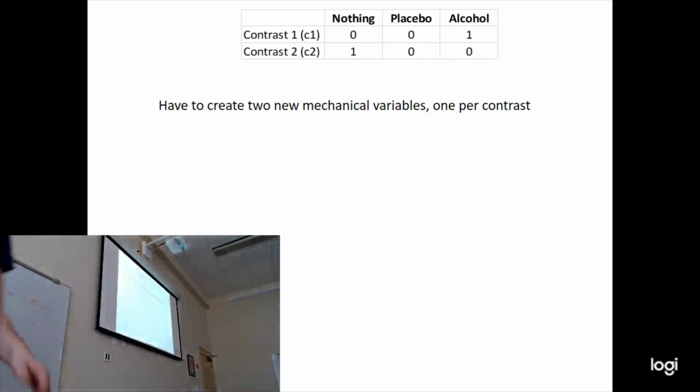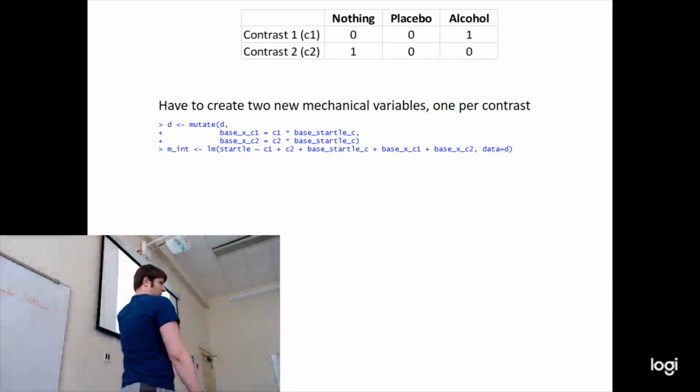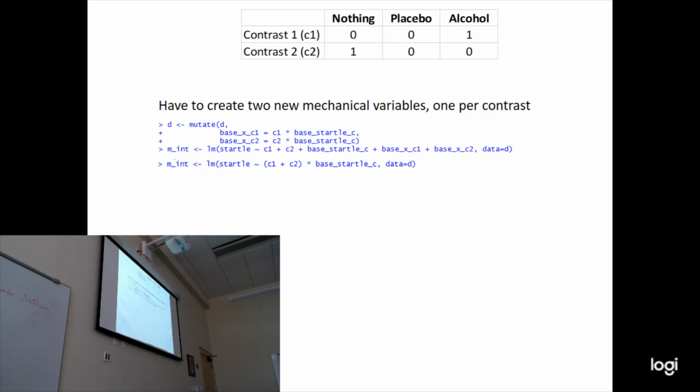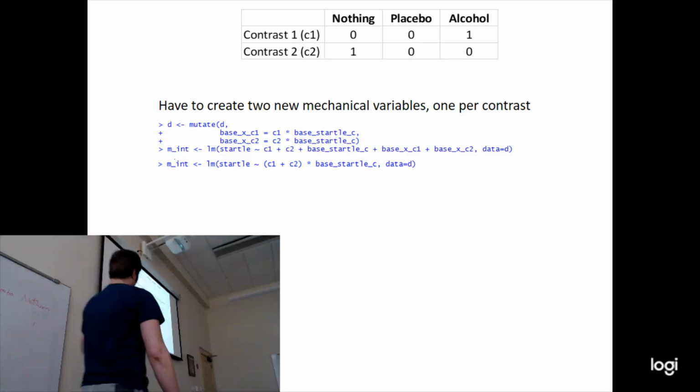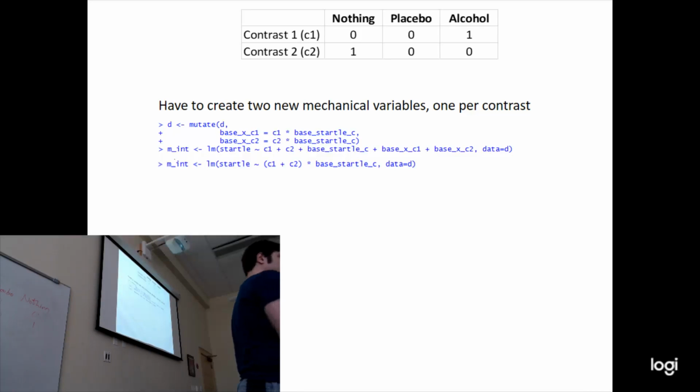It's the same with dummy codes as it was with orthogonal contrasts, as it is with anything else that we work with in the general linear model. So I could literally create those mechanical variables in my data frame. But I don't have to. I can use this handy syntax that goes with lm. That's it.